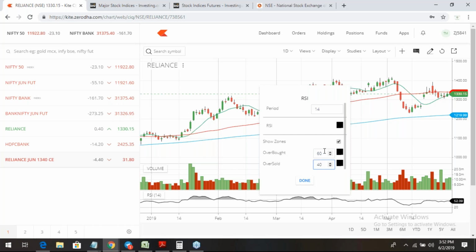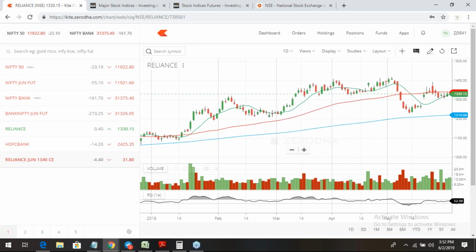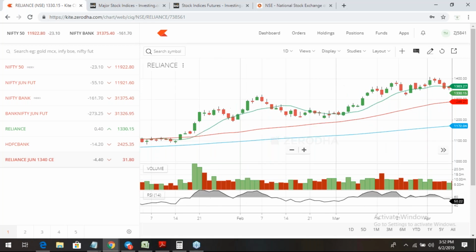Previously there was 80 20 or 70 30, but we are using 60 40. Why? For perfect entry, perfect exit. Whenever RSI goes above 60, we'll buy. On this day RSI goes above 60, we'll buy. Whenever RSI again goes below 60, we'll sell. Understood?